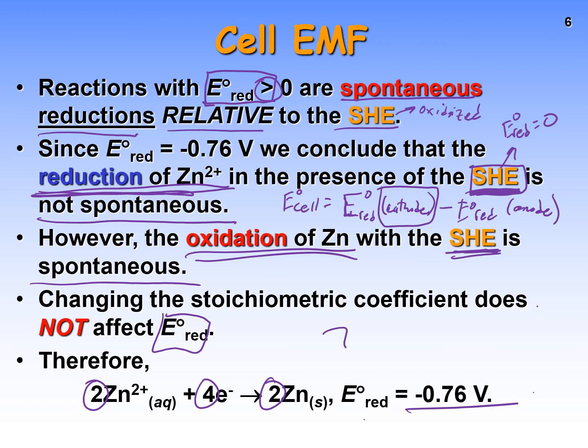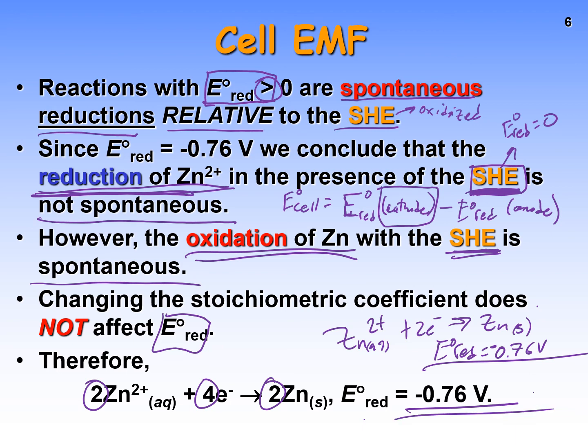So even though zinc 2 plus plus 2 electrons goes to zinc solid has a reduction potential, if you look it up, of negative 0.76 volts, it doesn't matter. If you multiply it by 2, you still have the same value. This is different from S naught, delta H naught of formation, and delta G naught of formation as a standard value that we use.